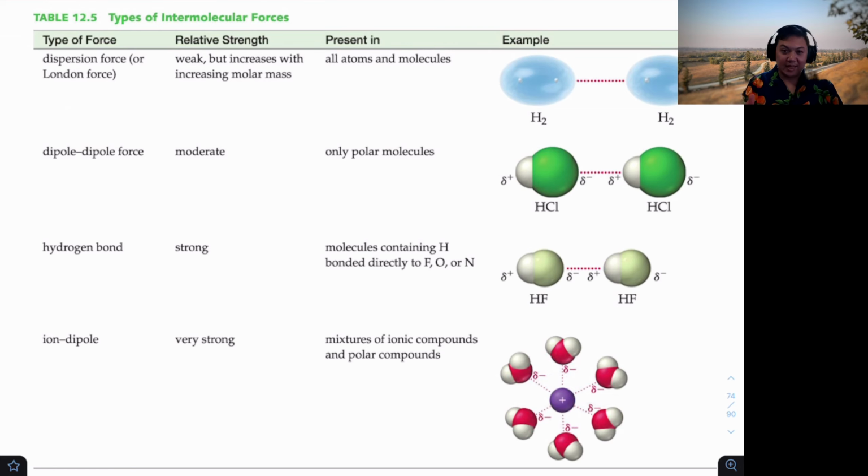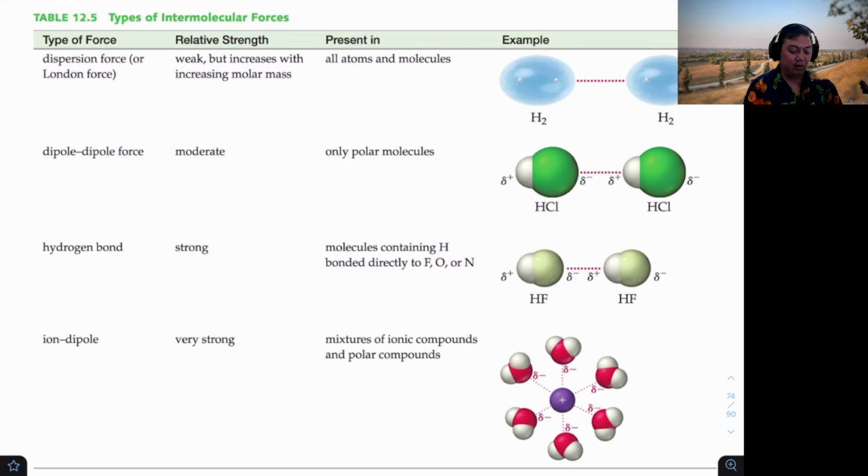And if we want to relate these back again to my silly glue analogy, our dispersion force is a glue stick. Dipole forces are Elmer's glue. Hydrogen bond is super glue.